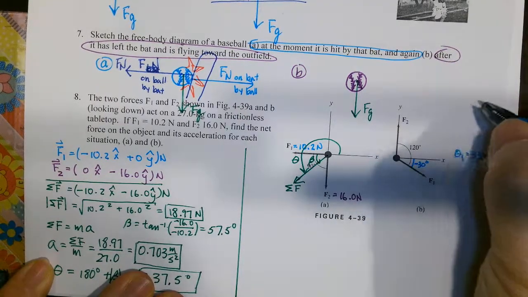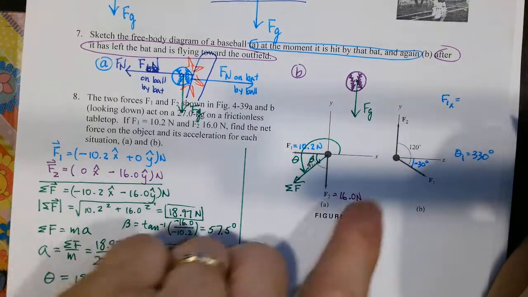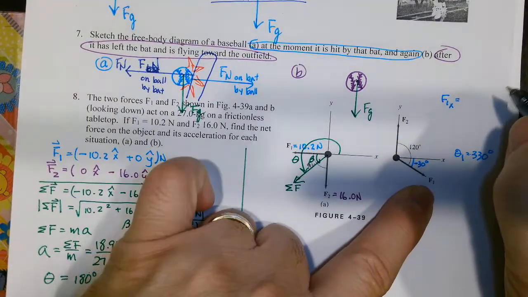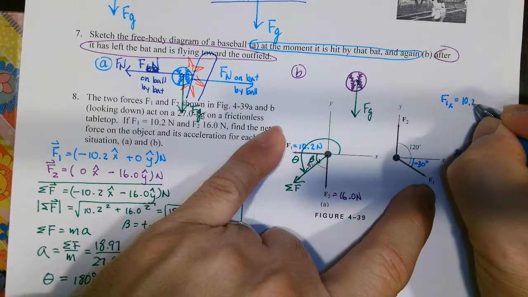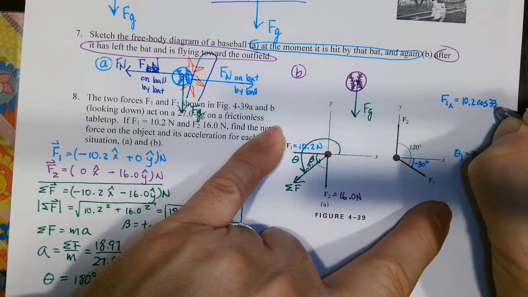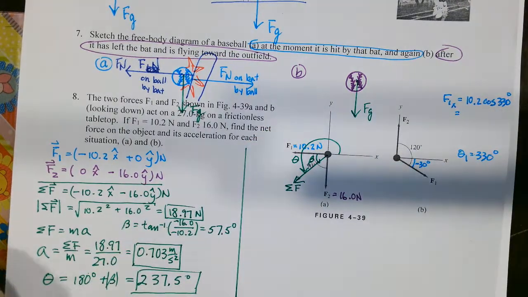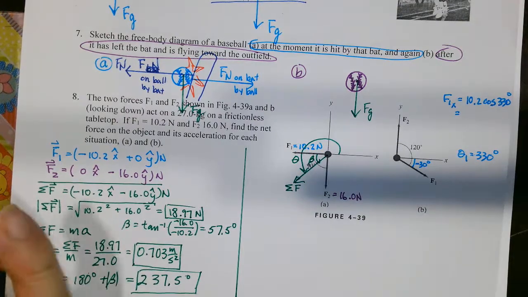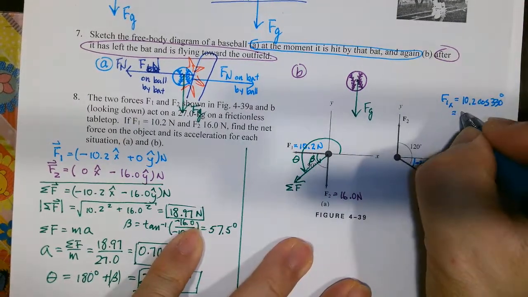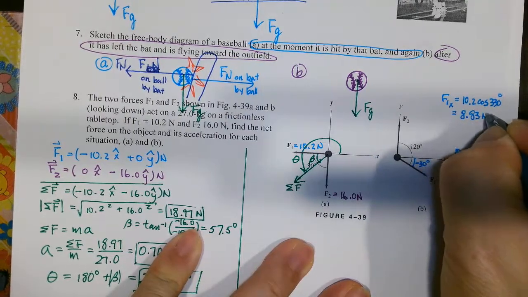So F1x is equal to F1, which is 10.2 times cosine of 330, and that comes out to 8.83 newtons x hat.